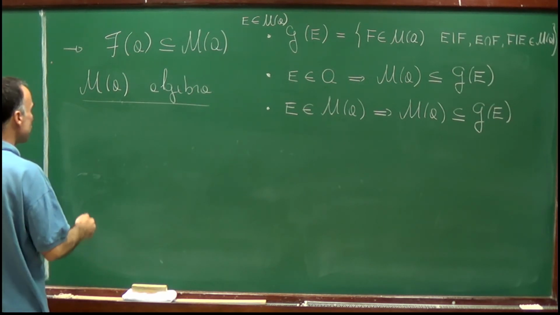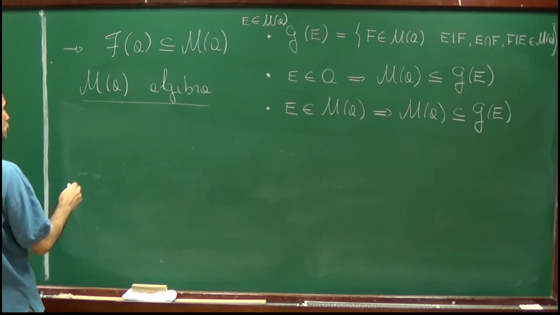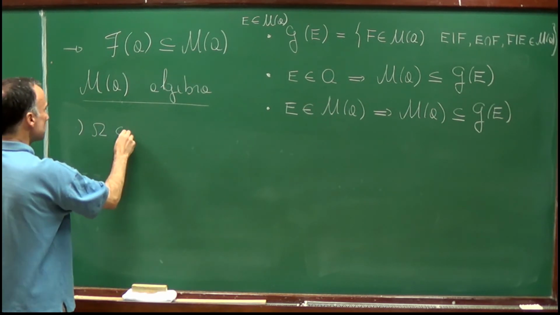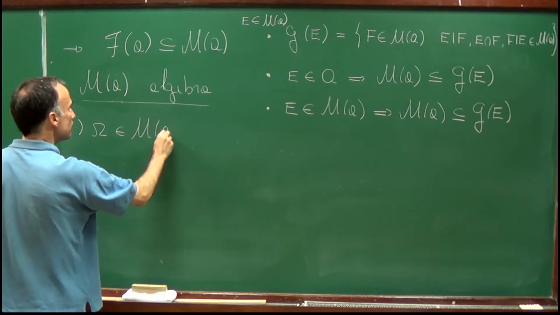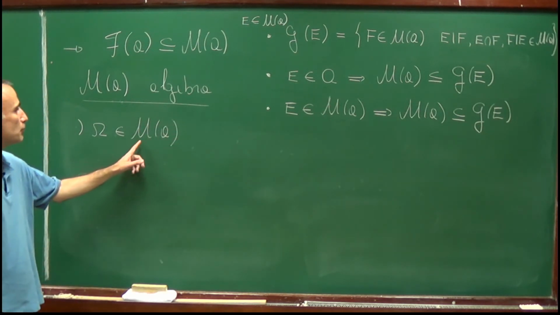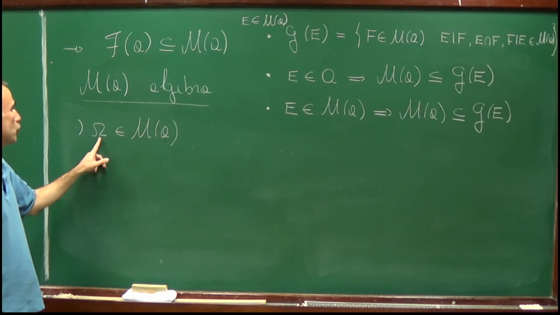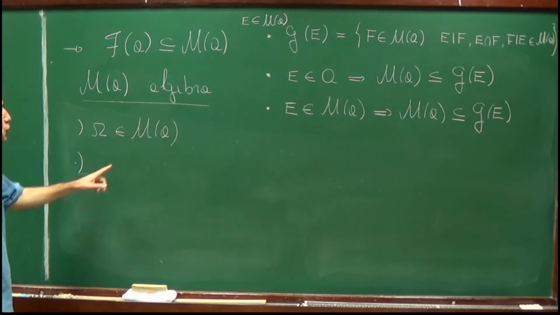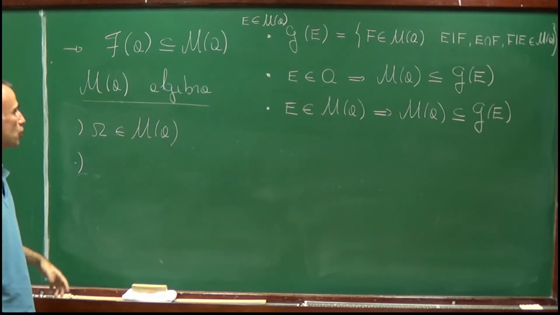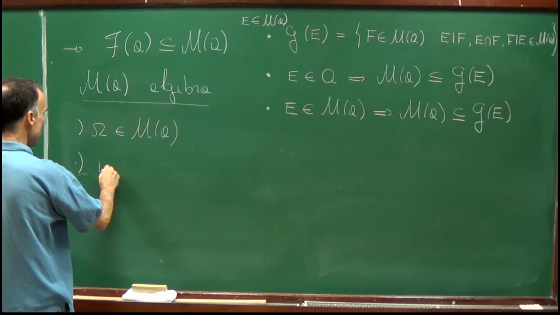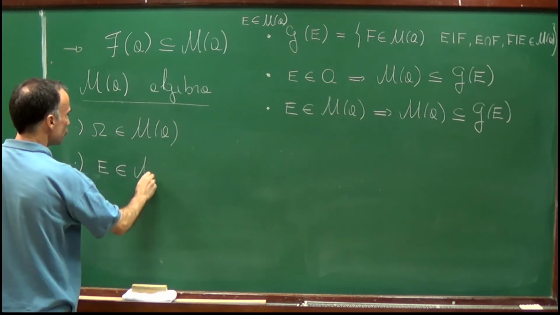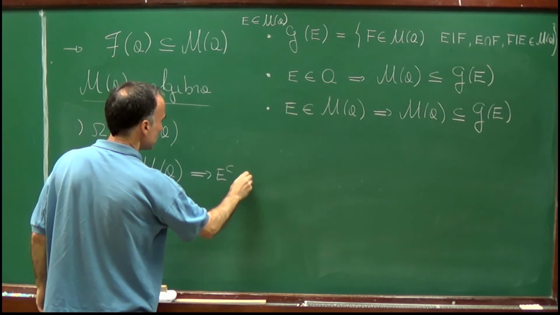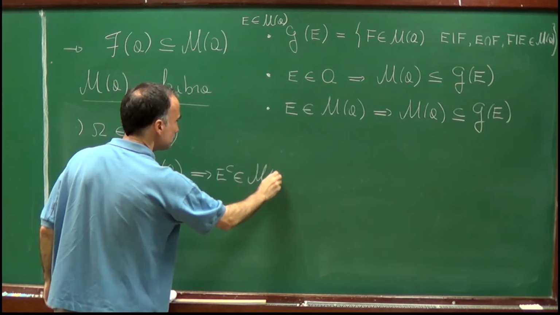To prove that M of A is an algebra, we have to show first that omega belongs to M of A, but this is clear because M of A contains the algebra and omega belongs to the algebra. Then we have to show that M of A is closed by complement, so we have to show that if E belongs to M of A, then E complement belongs to M of A.